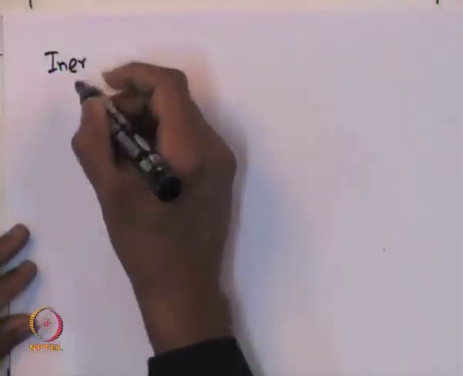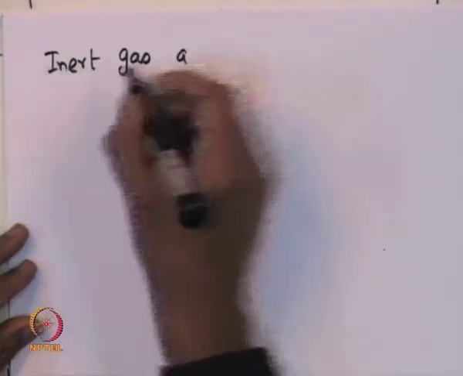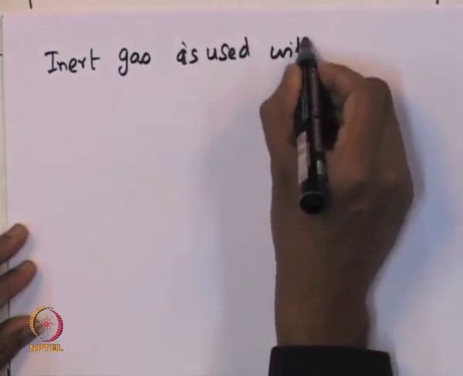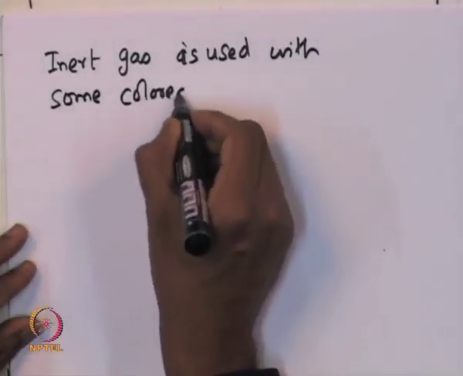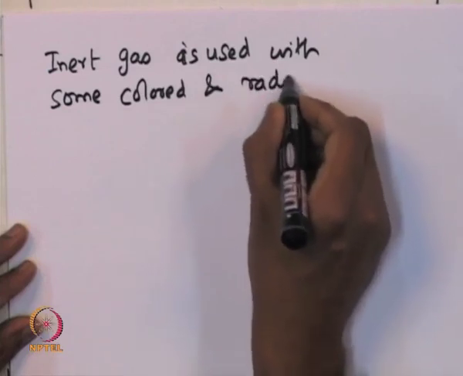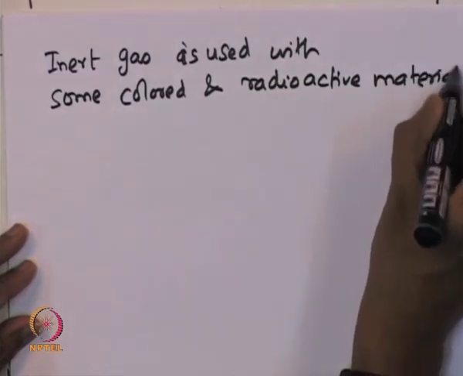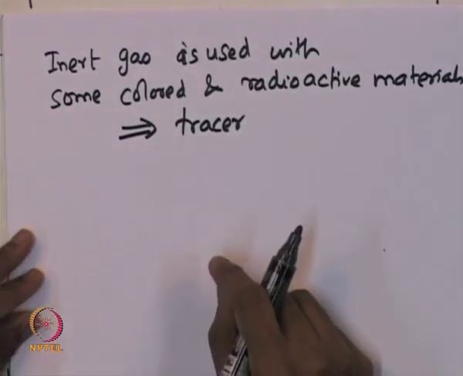So, typically colored and radioactive materials, along with inert gas, are commonly used as tracers. So, inert gas with some colored and radioactive material. These are all commonly used tracers for finding the residence time distribution.